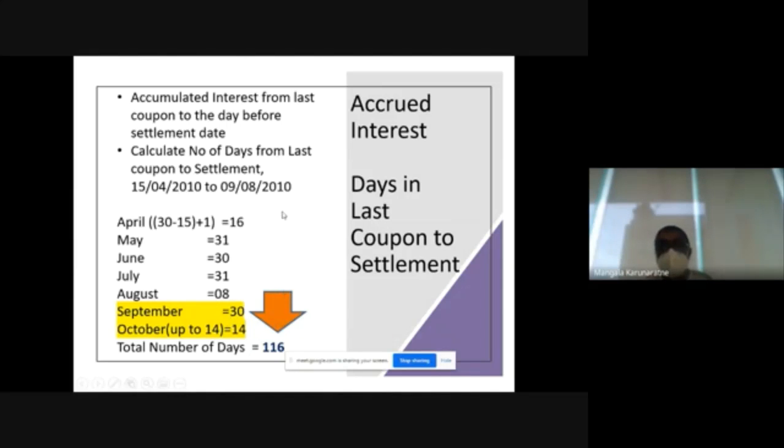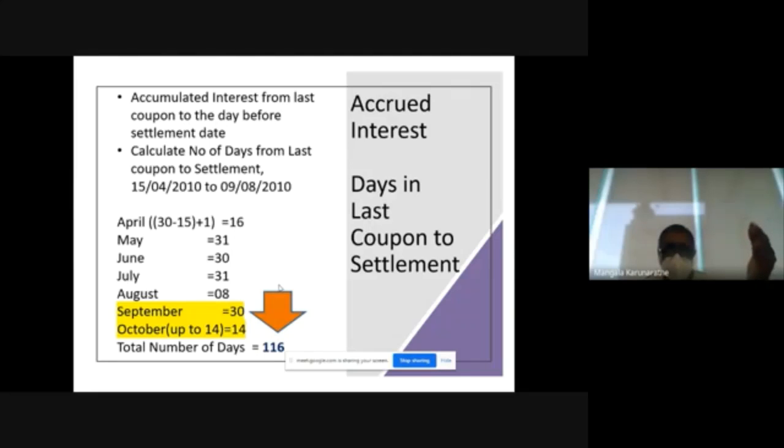period, right? So now we have a coupon amount for 183 days. The entire coupon will be 1.712, but when I sell, say if I am the seller, when I sell this on 9th August, I will not be getting that coupon, because the coupon will be paid to the holder at the time of the coupon payment.